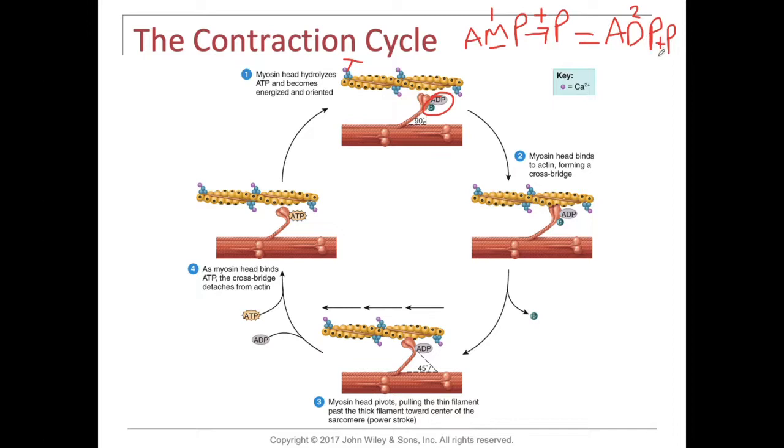Now, if we add another phosphate to ADP, then we get ATP, adenosine triphosphate. So right here, we have adenosine diphosphate, with another phosphate hanging out in the wind.